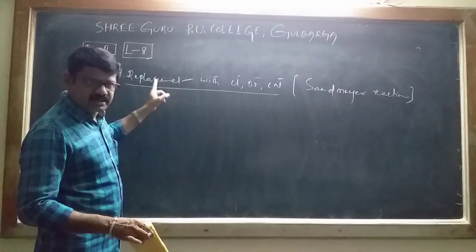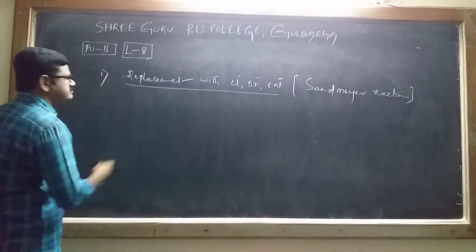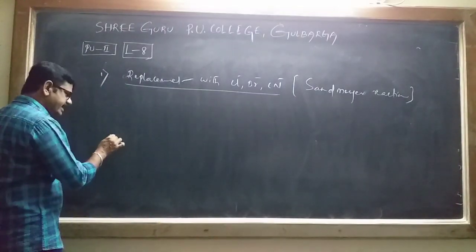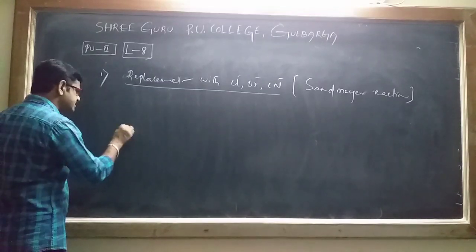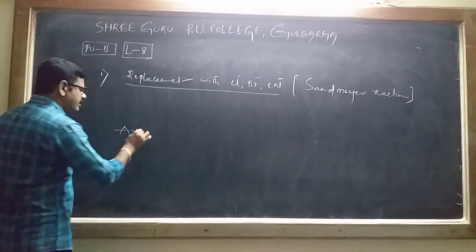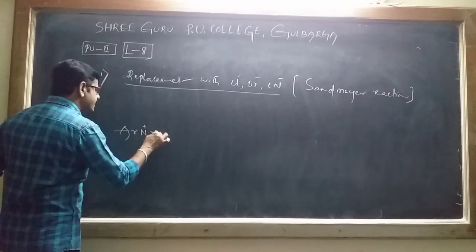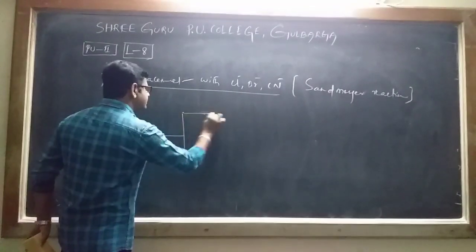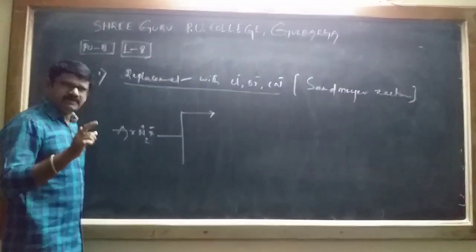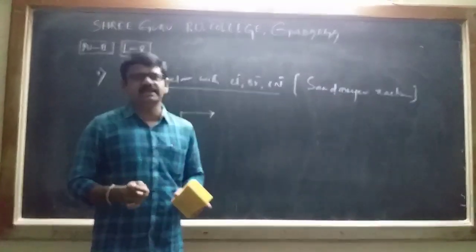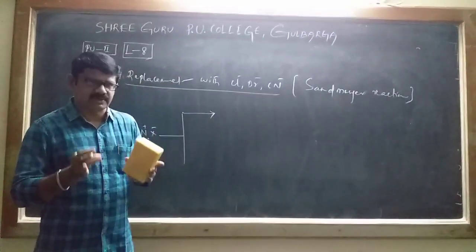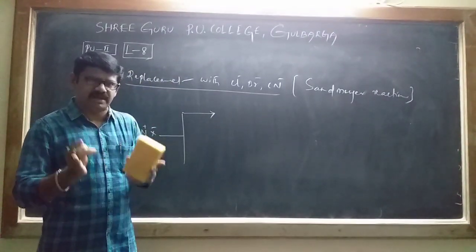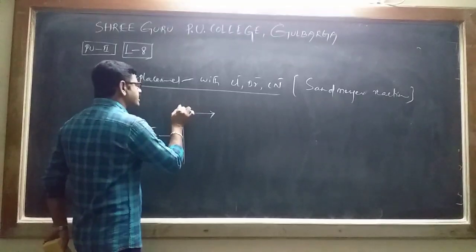Let's see what the Sandmeyer reaction is and how these groups displace the diazonium group. We'll take a general diazonium salt, Ar N2 plus X minus, reacting with HCl in the presence of copper oxidation number 1 ion, Cu1 ion.